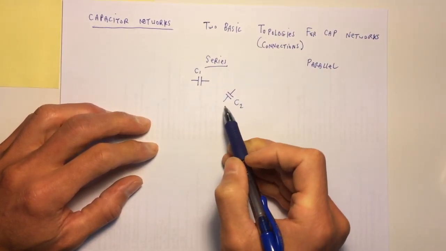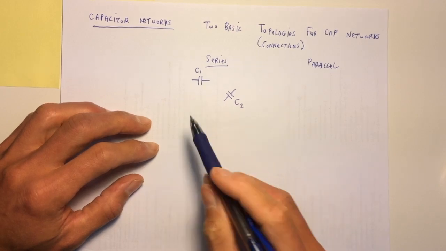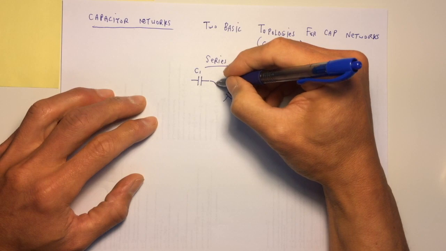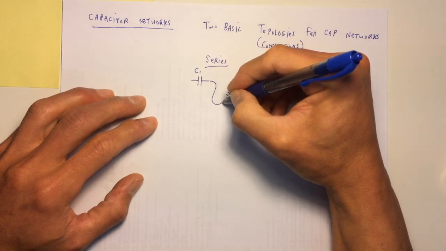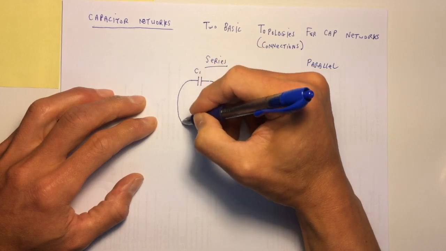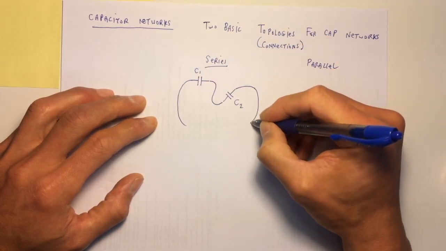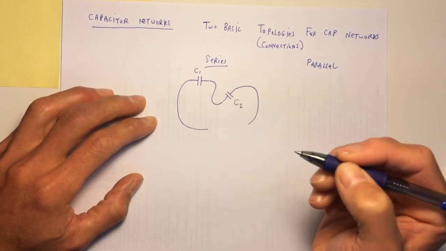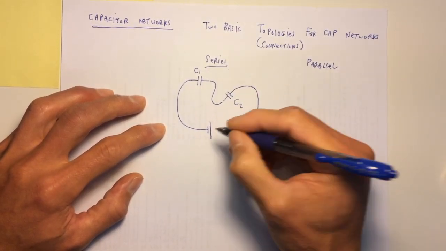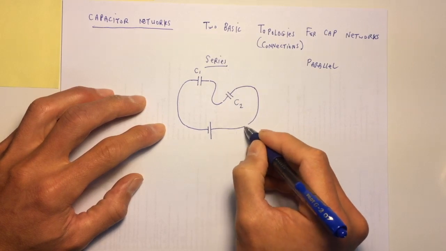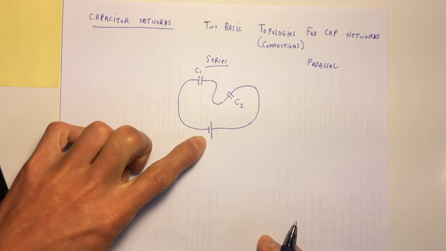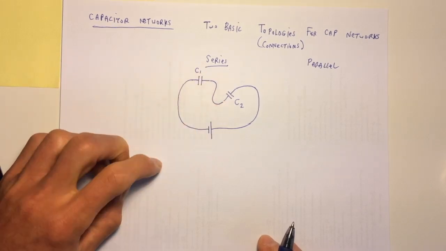If I want to connect these in series, what I do is this, where I take these two capacitors connected this way and put them over some maintainer of potential difference. So I put these in series.